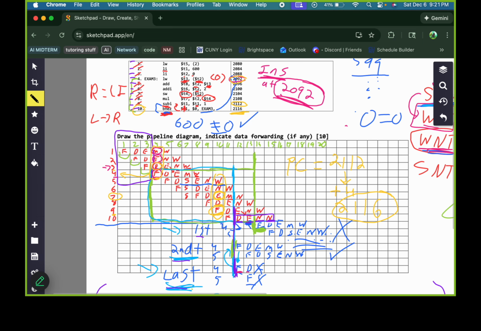And now we take that data, we put it onto our data wire, and that has a direct mapping to the MDR in our CPU. That means at the end of this fetch stage, that MDR is going to have the instruction located at 2092. So that's the answer for that part.